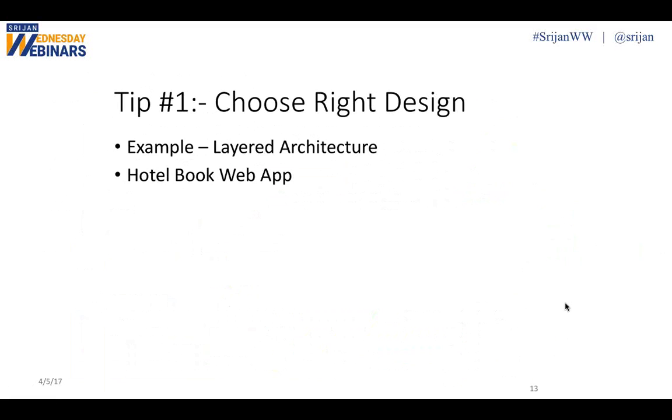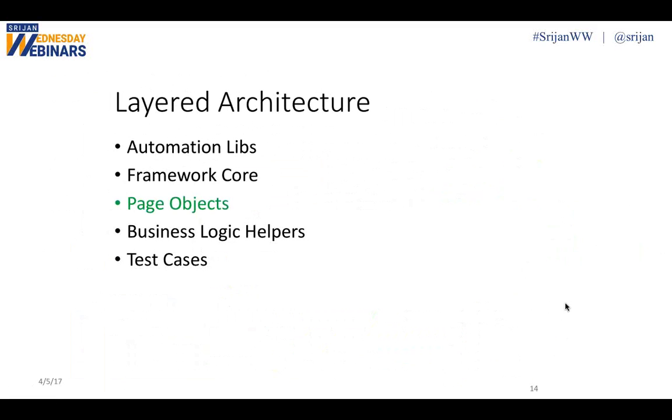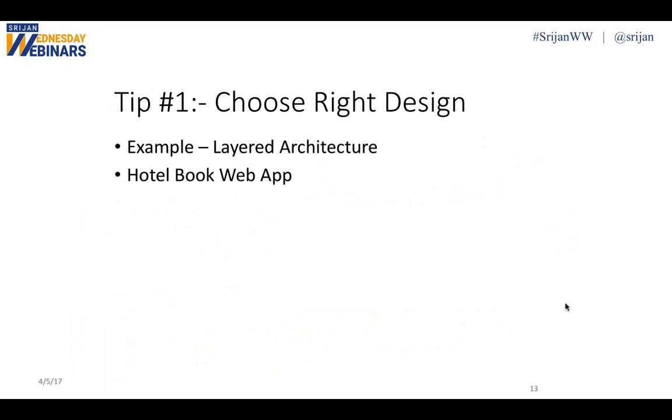Again, I'll take the same hotel booking web app as an example of a layered architecture. Now there are many design approaches possible. This is an example architecture which you can choose depending upon your application and your team strength.